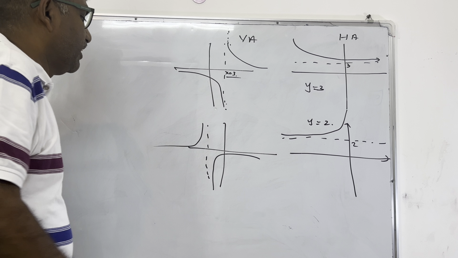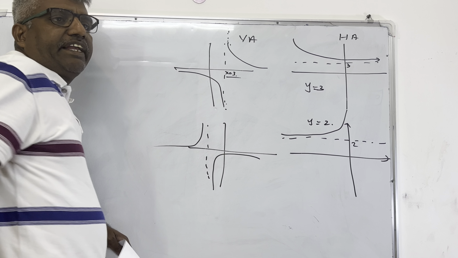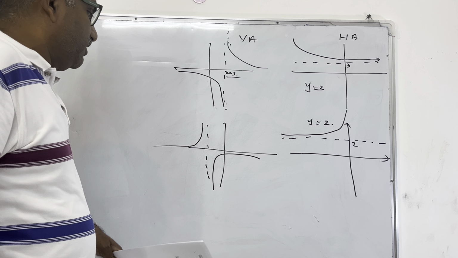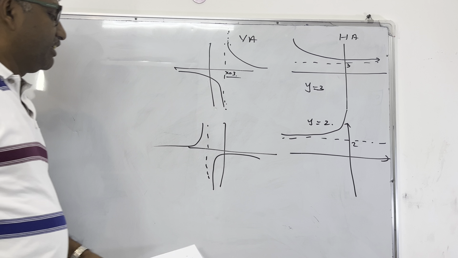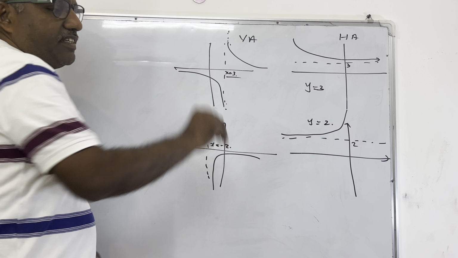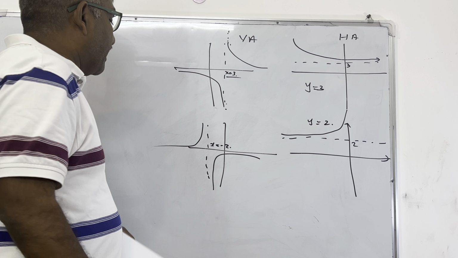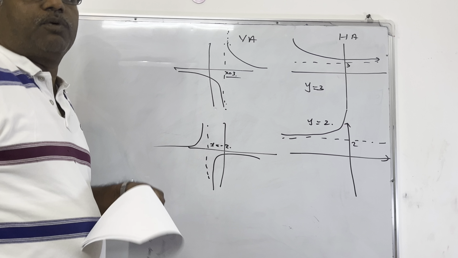It is the same case when you are approaching x from the right and the y value becomes negative infinity. Here suppose x equal to minus 2 means this is the vertical asymptote. The same case here, when you are approaching x from the left, the y value approaches positive infinity, it is the vertical asymptote. Okay, now see here, this is the rule.